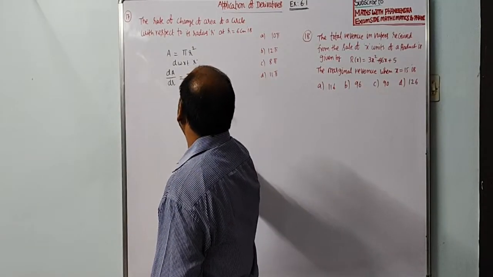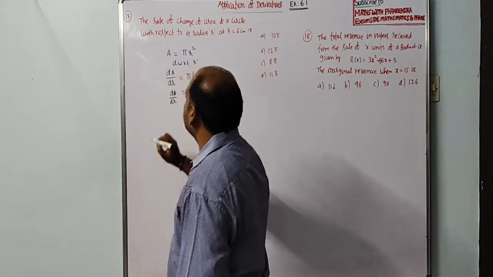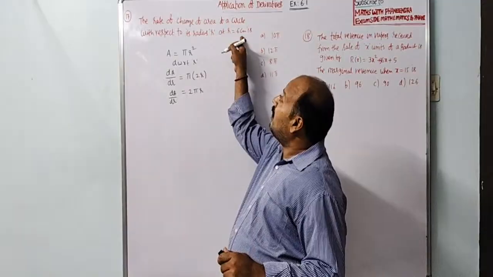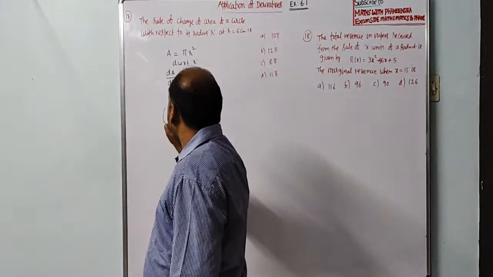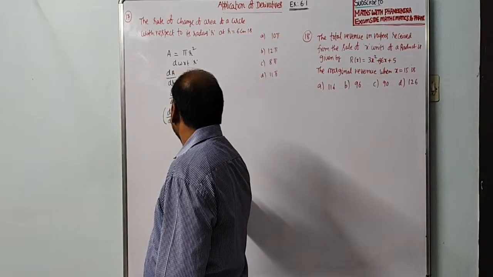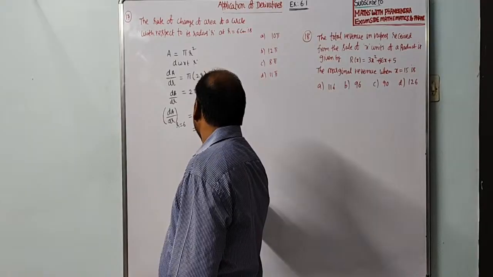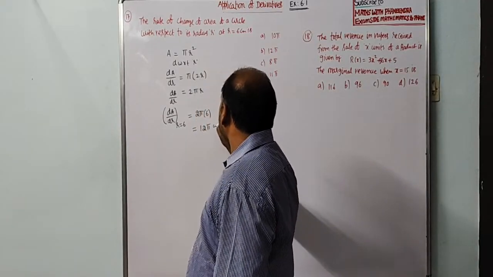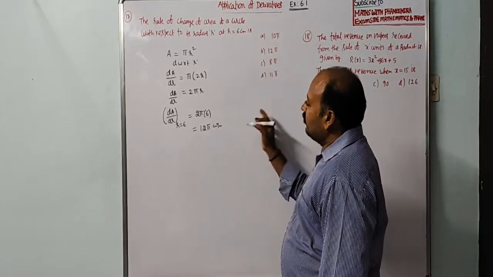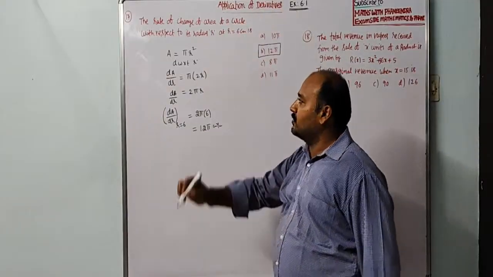So which is equal to 2 pi r. But they are asking to find the rate of change of area of the circle with respect to r at r is equal to 6 centimeters. So dA by dr, when r is equal to 6 centimeters, that means 2 pi into 6, that is equal to 12 pi centimeters square per centimeter. But units are not given, 12 pi is there, you have the second option.